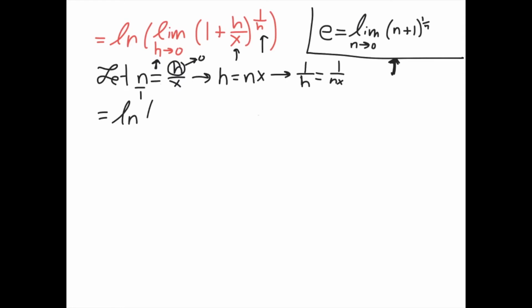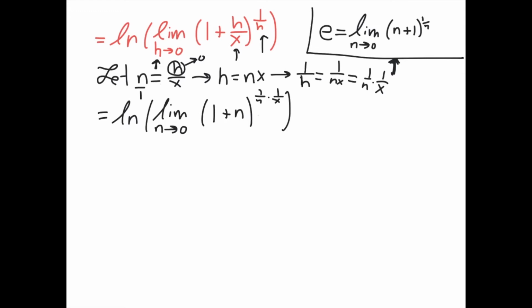This is going to be ln of the limit as n now goes to 0 of 1 plus n to the power of, instead of 1 over h, 1 over nx. Now, I'd actually like to take it one step further and call this 1 over n times 1 over x, because that's going to give us a good result as we move forward.